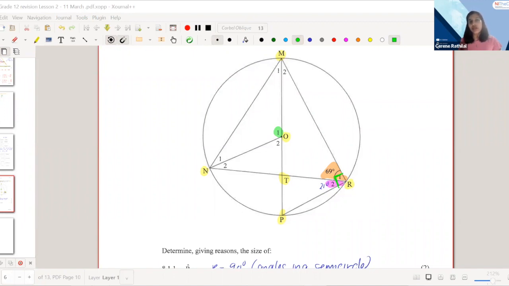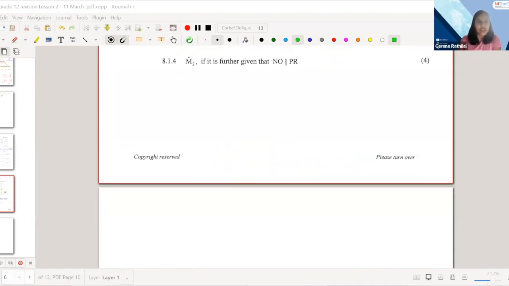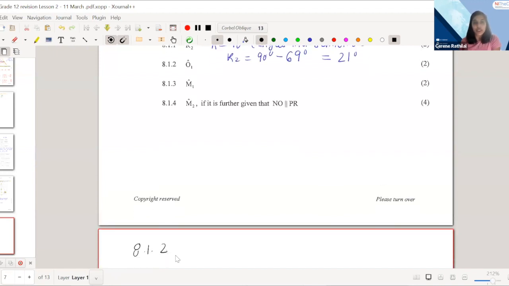So we see that O1 is going to equal double 69. That's what we require. So let me answer that nicely on a new page. So we're looking at question 8.1.2, if I'm not mistaken. Yes, we need angle O1.